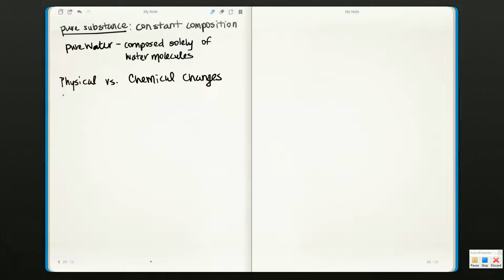So if you take water and you boil it, boiling water, freezing water, melting ice, these are all physical changes.